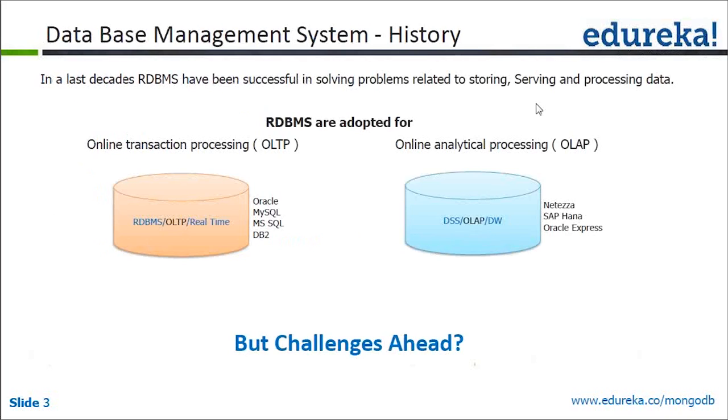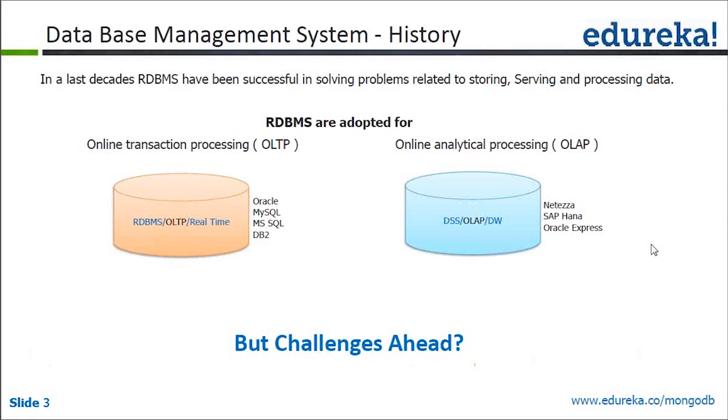All set. So friends, the moment we talk about MongoDB or any persistent mechanism, we might want to recap what exactly we have had so far. Our journey started with the traditional RDBMS systems. We have seen Oracle, MySQL, Microsoft SQL Server, and other RDBMS databases, which are nothing but online transaction processing.